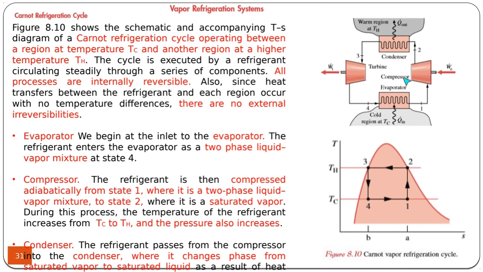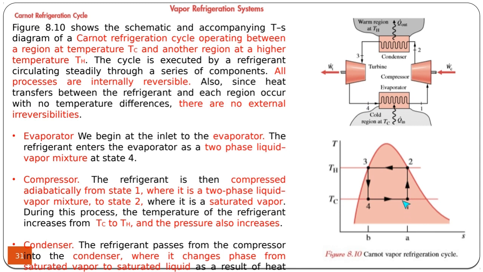And they're also adiabatic, which means there is no heat exchange in the turbine and the compressor. So in this case, as you can see, we have four reversible processes in a Carnot refrigeration system.